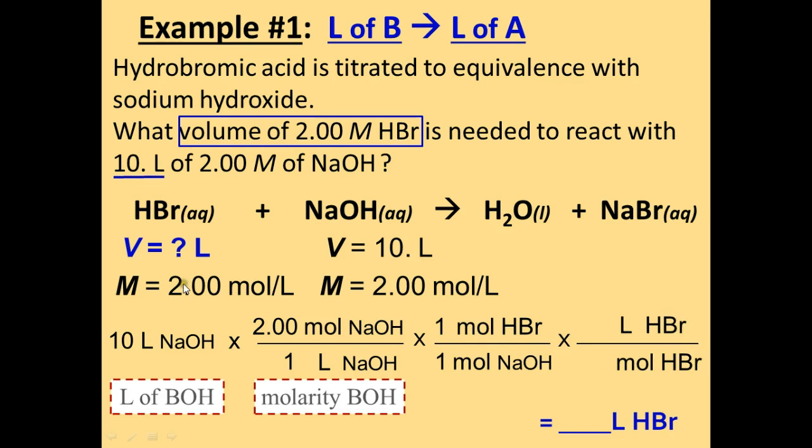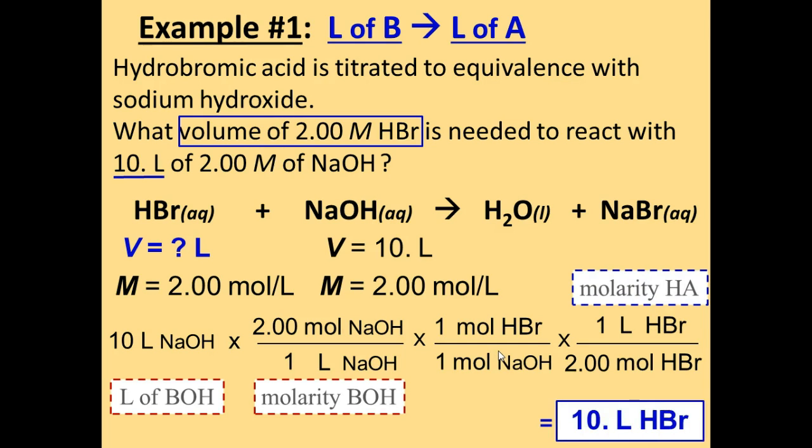So 2 moles goes on the bottom, and then 1 liter goes on the top. So we pretty much just multiply all the numerators, so we do 10 times 2, which is 20, and divide it by the denominator, which is only 2. So 10 times 2 is 20, divided by 2 is 10. So we have 10 liters of HBr we need.